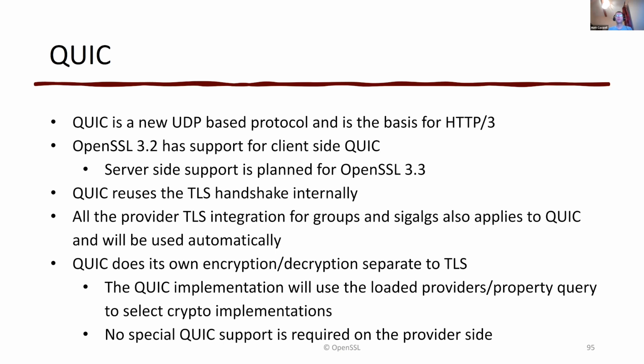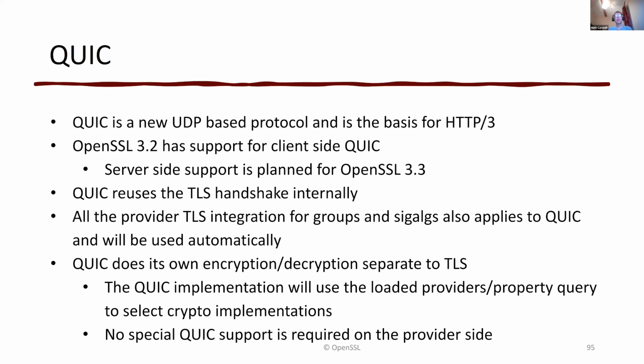The QUIC protocol reuses the TLS handshake internally. So all of that provider integration that I talked about around TLS groups and signature algorithms applies to QUIC as well. So if it works for TLS, it will work for QUIC as well. QUIC does its own encryption and decryption, which is separate to the way TLS does it.